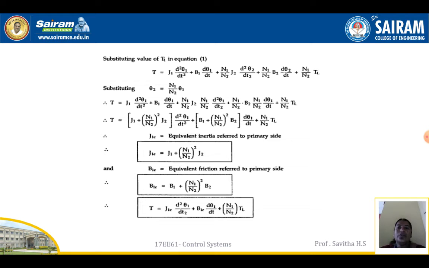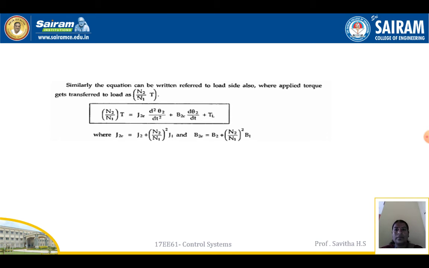Substituting theta 2 is equal to N1 by N2 into theta 1. Therefore, in this we will consider J1E is equal to J1 plus N1 by N2 whole square into J2 and B1E is equal to B1 plus N1 by N2 whole square into B2. Therefore, we will modify the above equation as T is equal to J1E d square theta 1 by dt square plus B1E d theta 1 by dt plus N1 by N2 into TL.